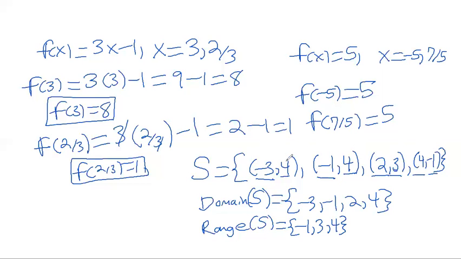So for every one x value, there's one y value. Even though these are both 4 here, it's still one x value because -3 gives me 4, -1 gives me 4, two different x values. And again, 2 gives me 3, 4 gives me -1. So this is a function.